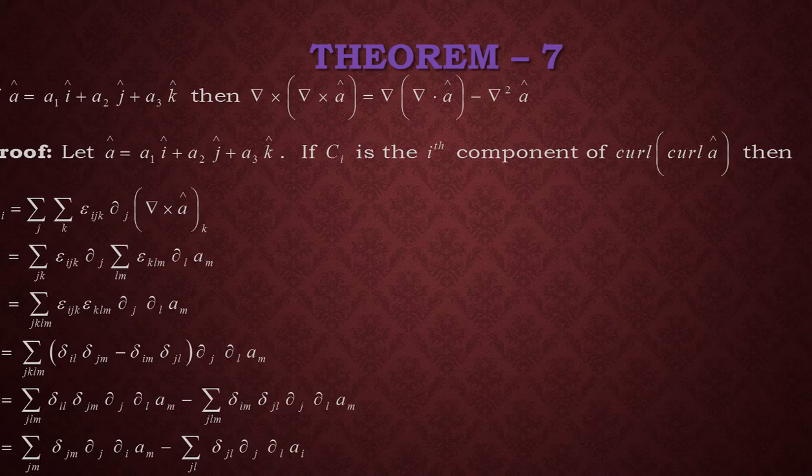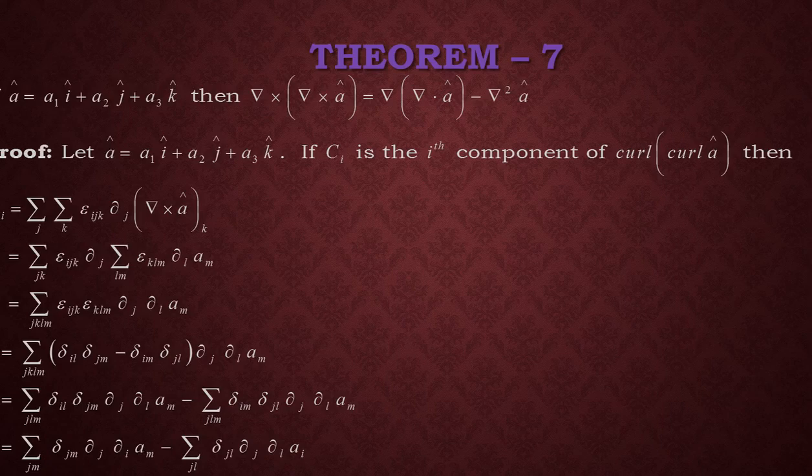If we write all the summations together, we get C_i equals summation over j, k, l, m of epsilon_ijk epsilon_klm ∂_j ∂_l a_m.